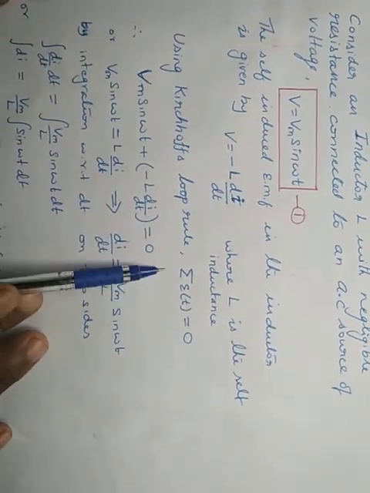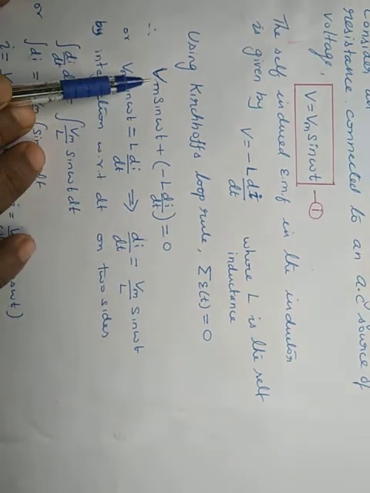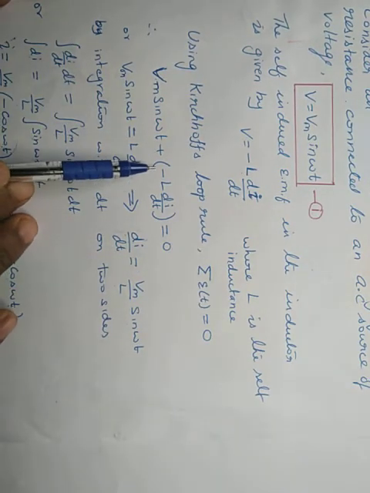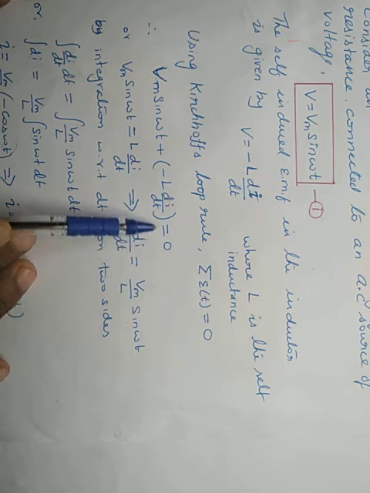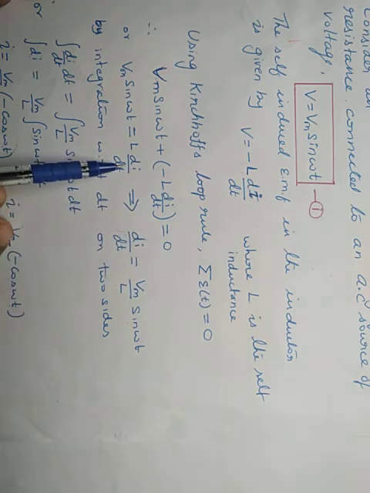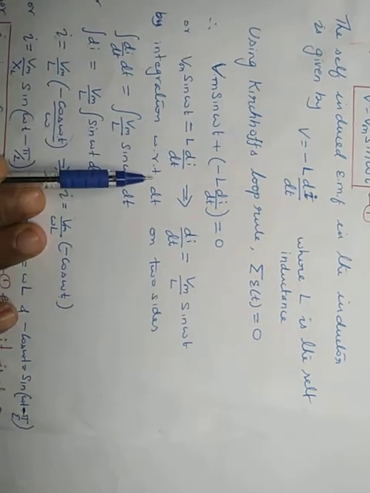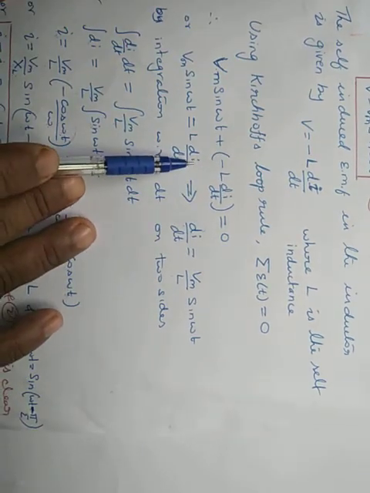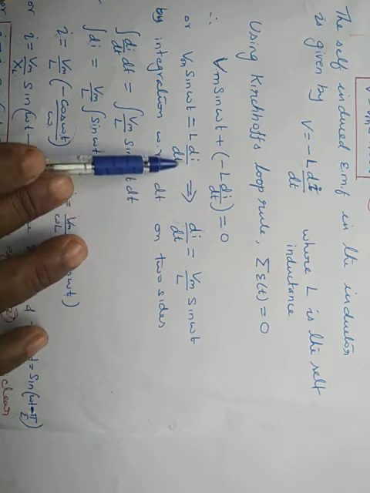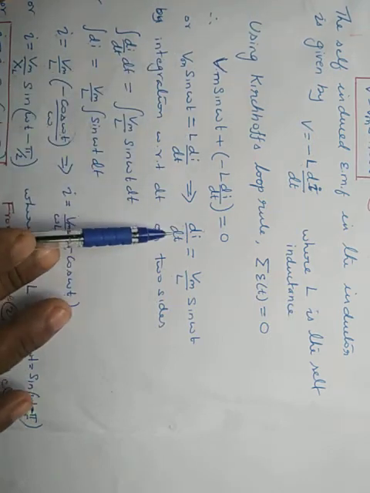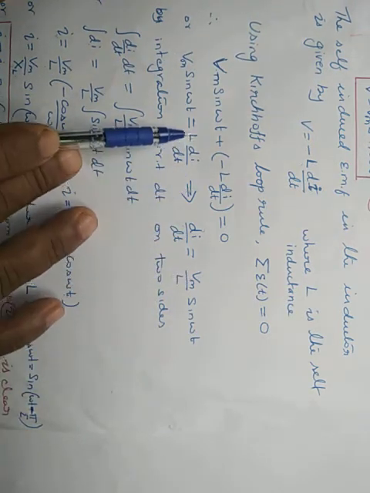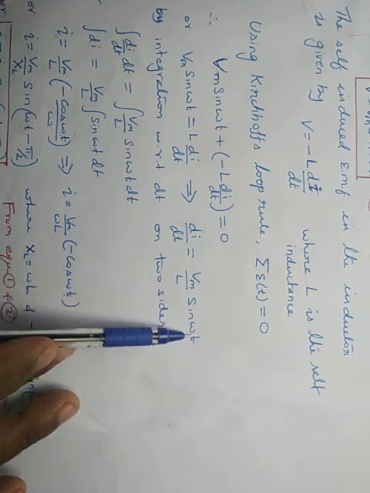Then using Kirchhoff's voltage rule, you can write Vm sin omega t plus minus L di by dt equal to 0. Bring this term to the right hand side, you will get positive term Vm sin omega t equal to L di by dt. We need current, therefore keep di by dt here only, bring L to the left hand side, you will get di by dt equal to Vm by L into sin omega t.